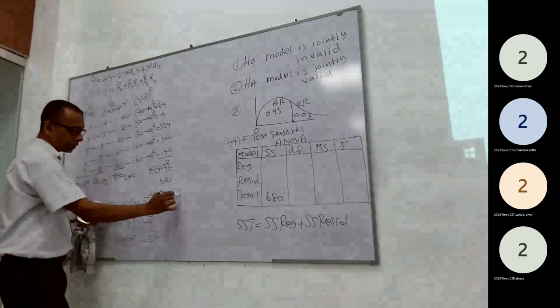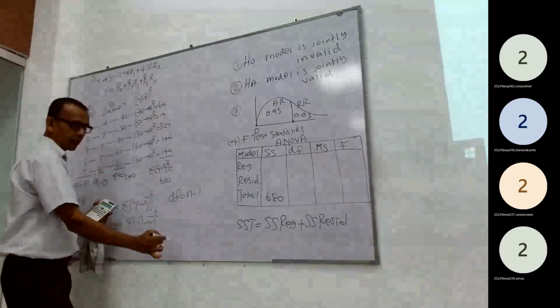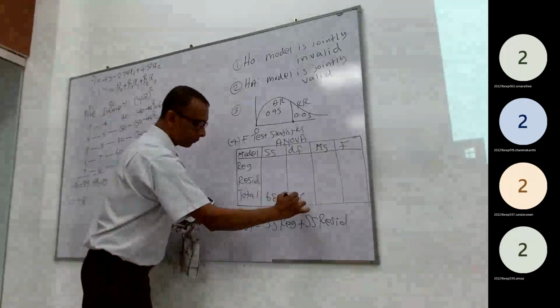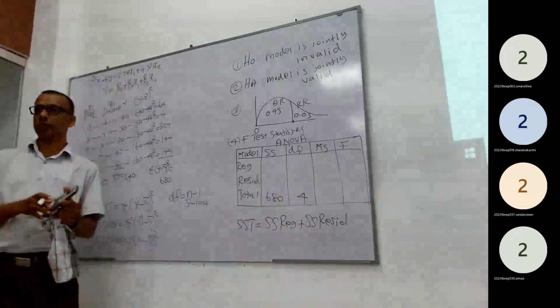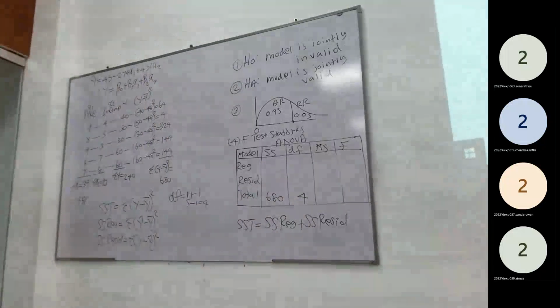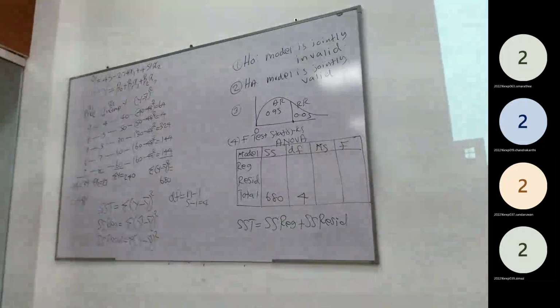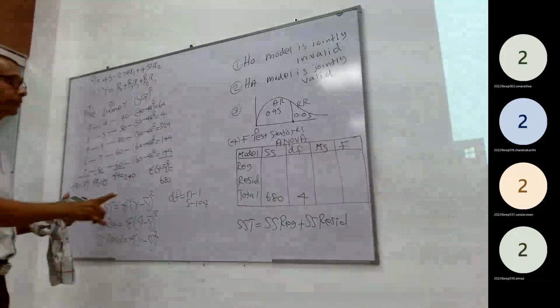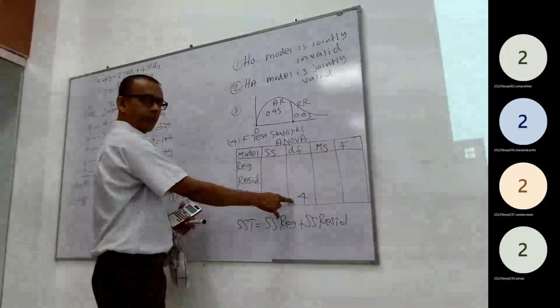Degrees of freedom in the total is given by n minus 1. 5 minus 1 is 4 degrees of freedom.